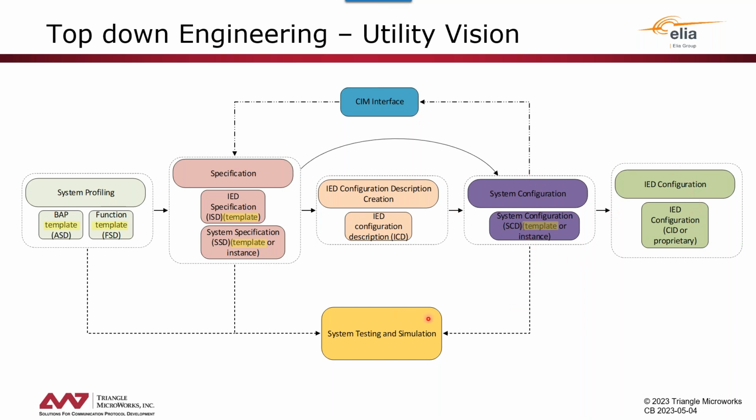And at those stages, we can basically verify with simulation the behavior, but of course in this stage when you have the real devices, we can also do the system testing. As part of the maximizing testing at earlier stage, we are currently working on enhancements that allow us to do as well a simulation already of the specification.